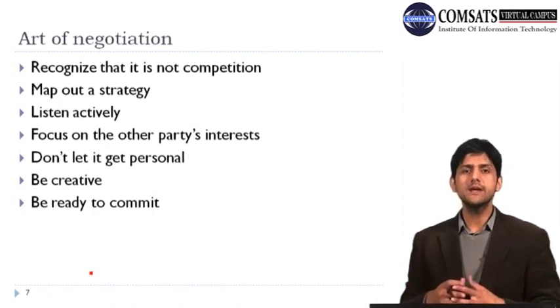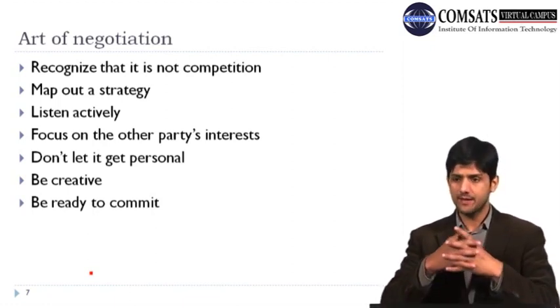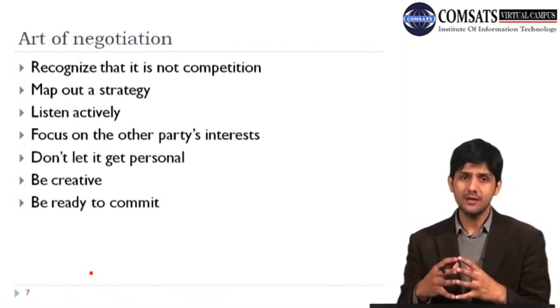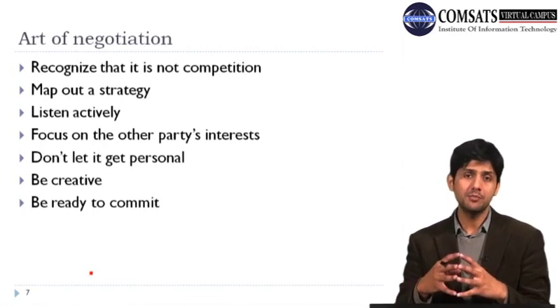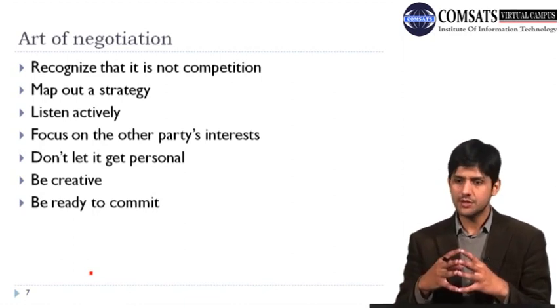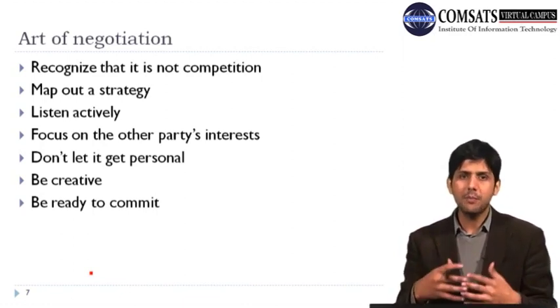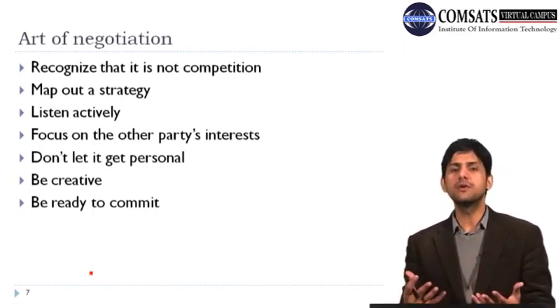When you are trying to come to a consensus with the client, remember that although you might think what you want is really important, it should not appear that way. If you make it a competition, then your negotiation is going to fail.